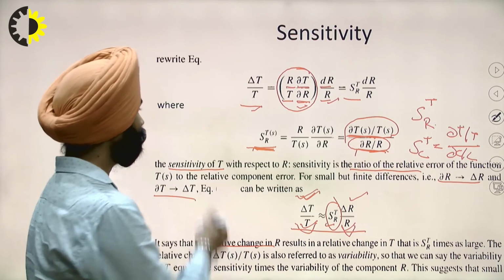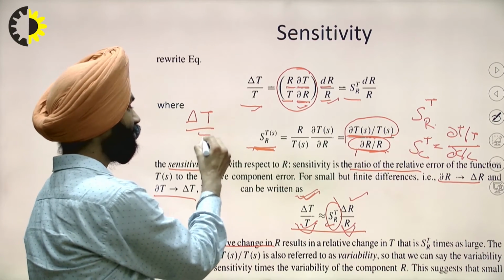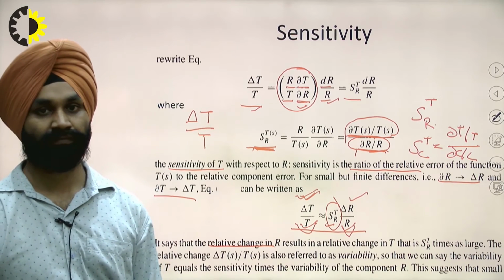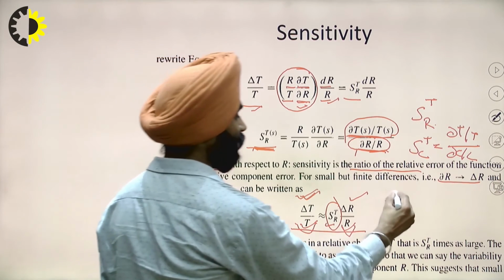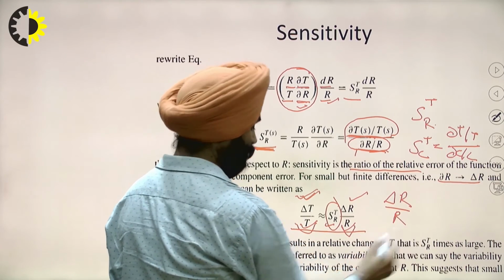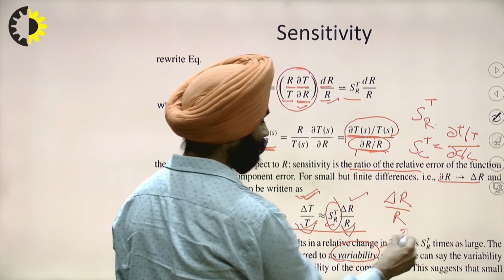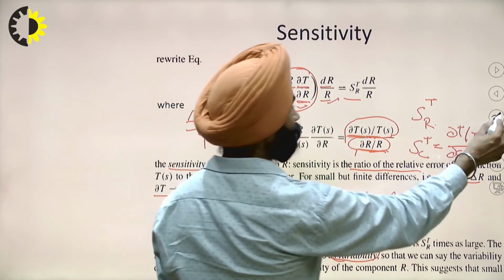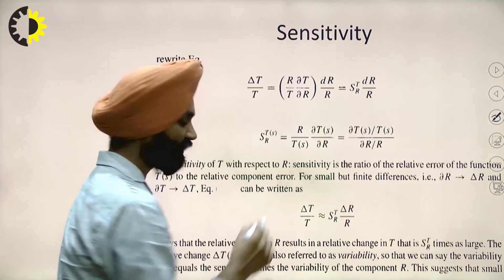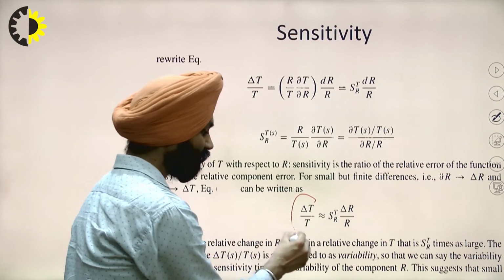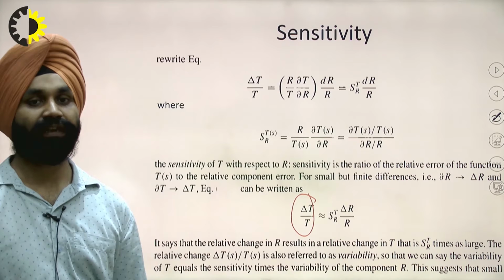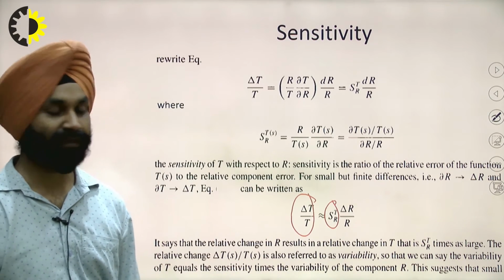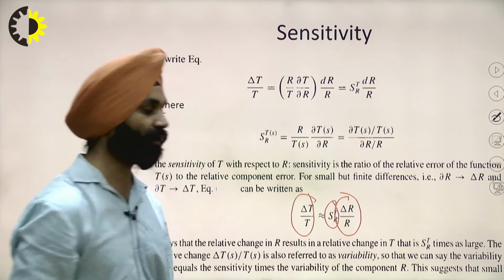That means delta T by T is the variability of transfer function T, and delta R by R is the variability of R. So from here we can say that variability of transfer function T is equal to the sensitivity multiplied by the variability of component value.